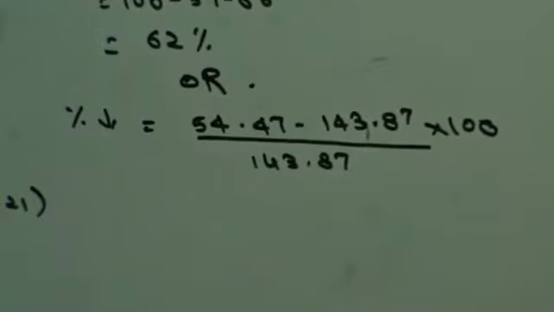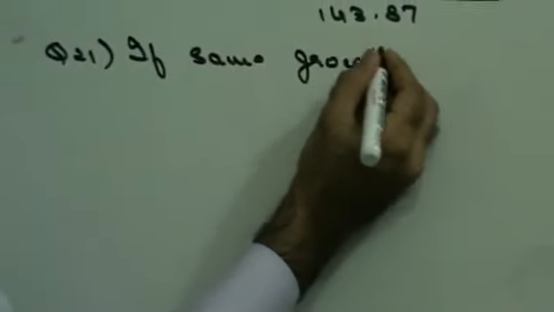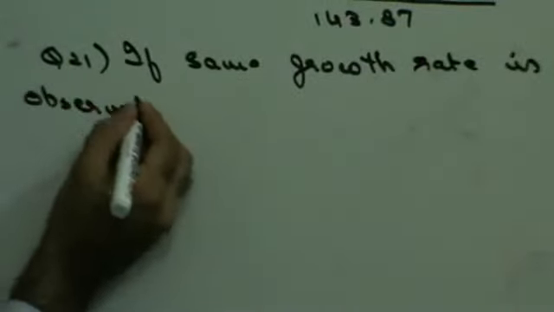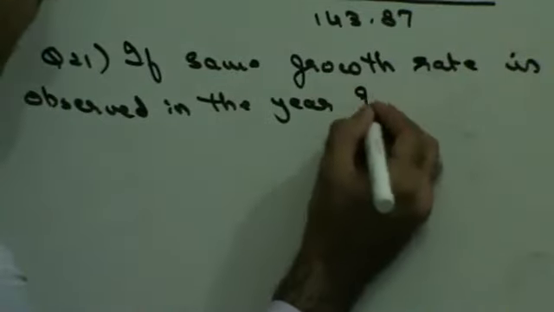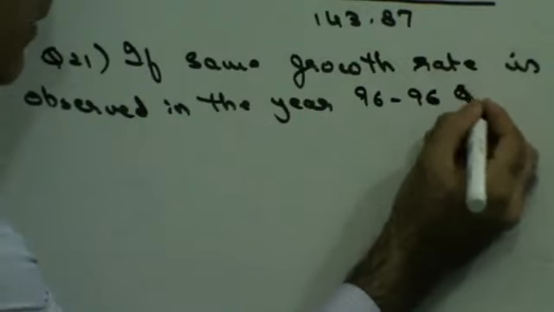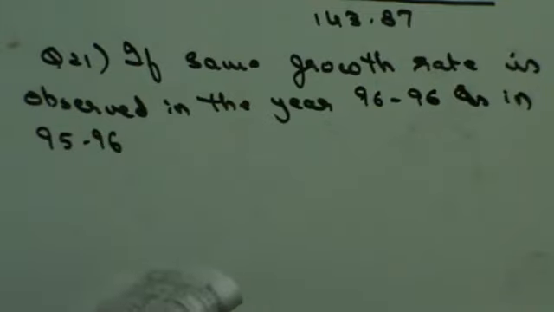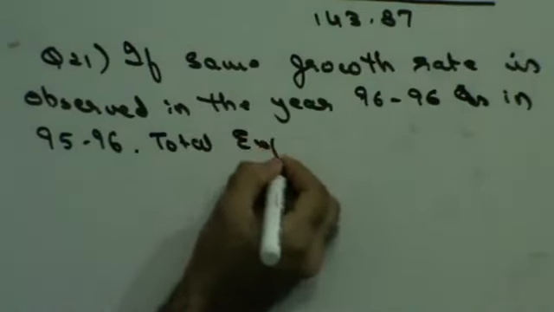If the same growth rate is observed in the year 96-97 as in 95-96, then the total expenditure in 1996-97 will be how much?